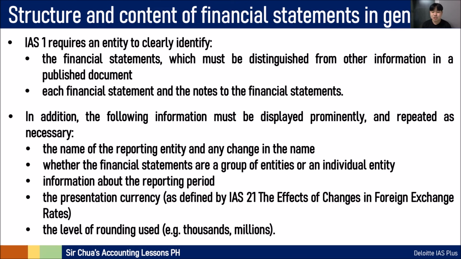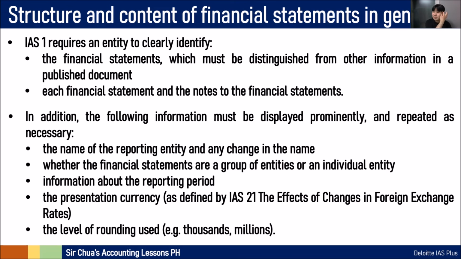The presentation currency, but we will be talking about that in IAS 21. What is a presentation currency? And the level of rounding used, because some financial statements are presented in thousands of pesos or millions of pesos. So depending on the level of rounding, kasi minsan it's really hard to present the FS kapag hindi ka nag-rounding.